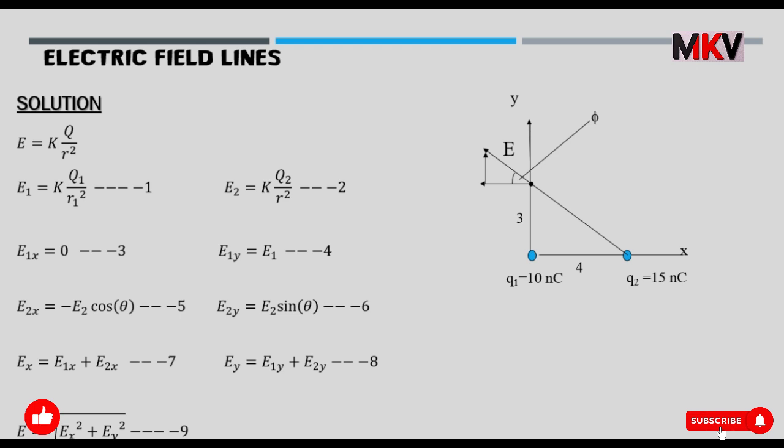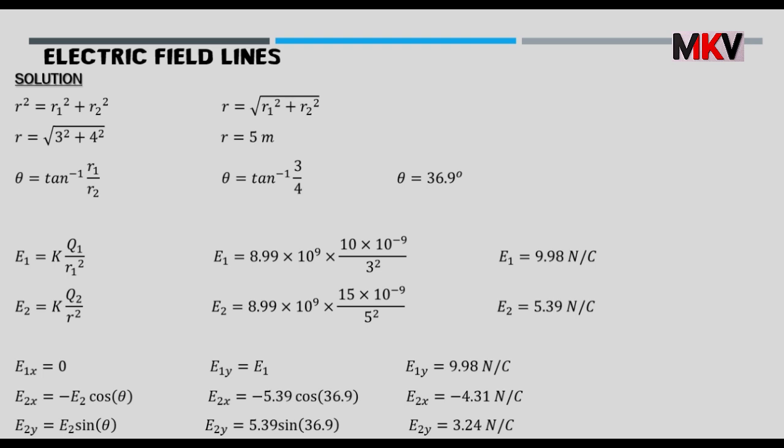Then we resolve it with this equation: E equals square root of Ex squared plus Ey squared. So now we've noted the necessary equations that will be used in solving this problem.